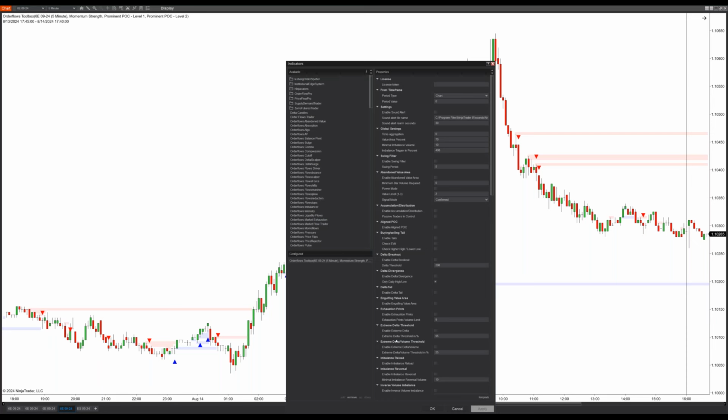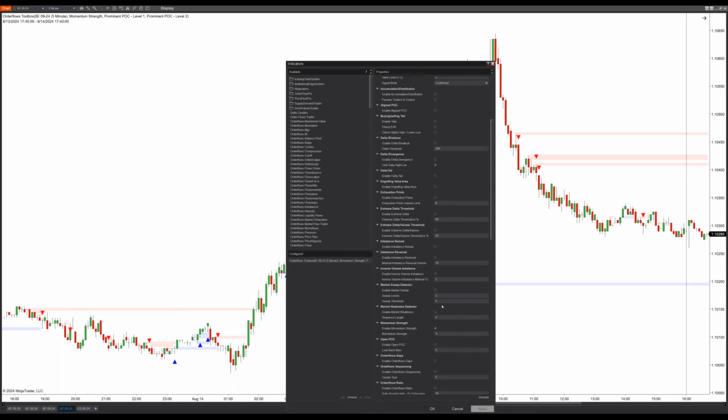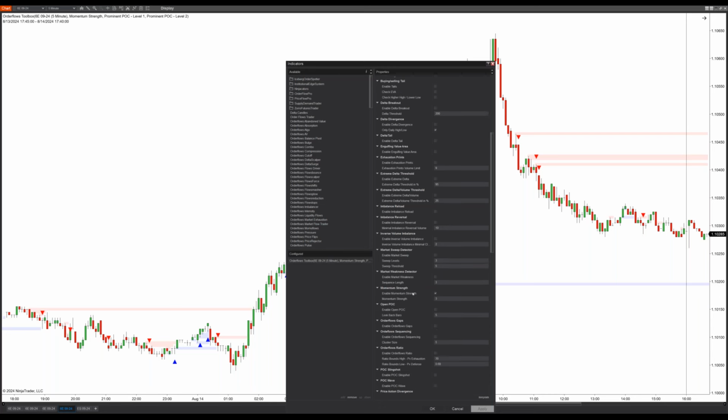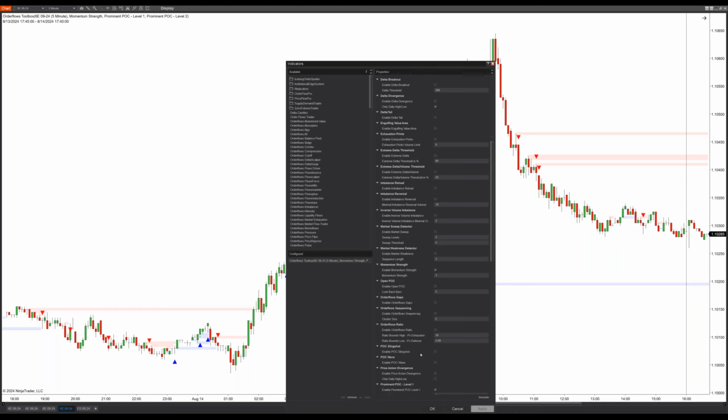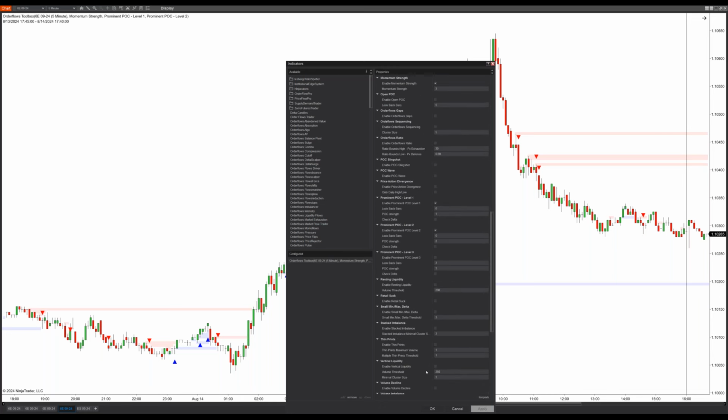Maybe I want to see point of controls with the momentum strength turned on. Well, you're not going to have an open point of control with a prominent point of control. Those would work against each other. But let me just find something. Maybe with a volume decline.